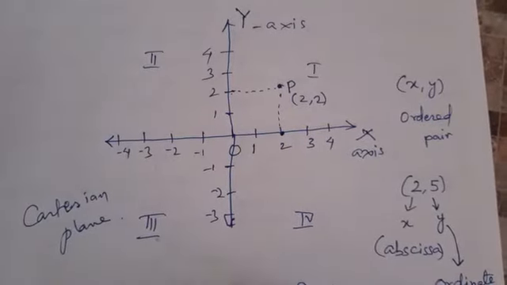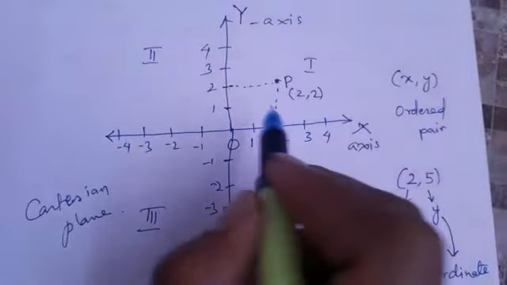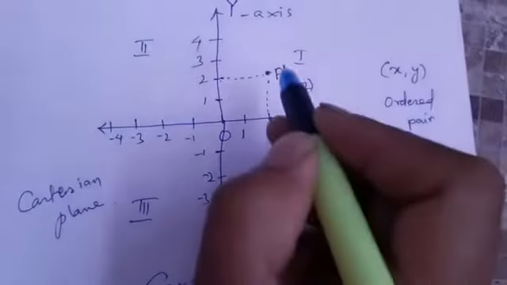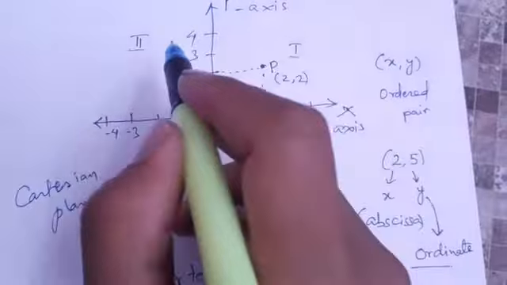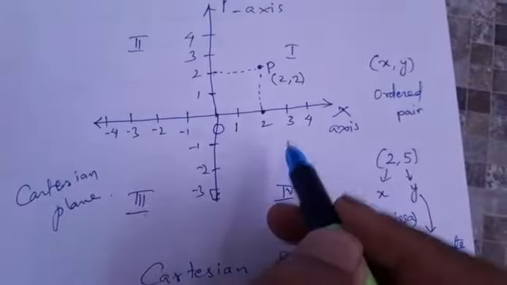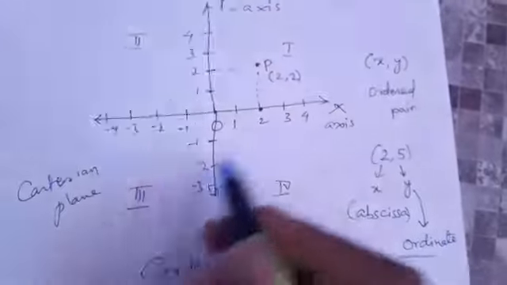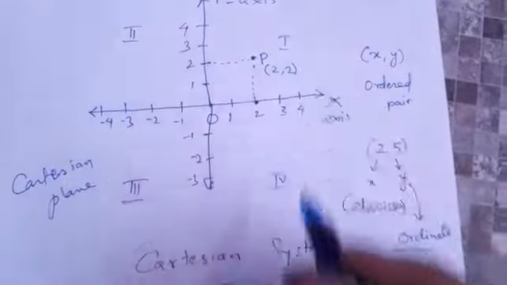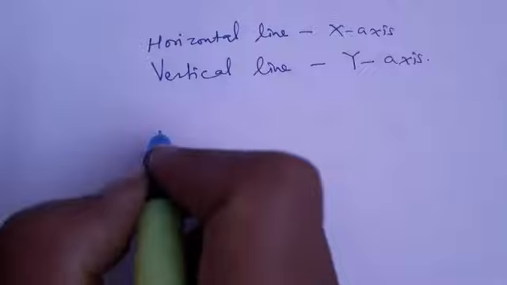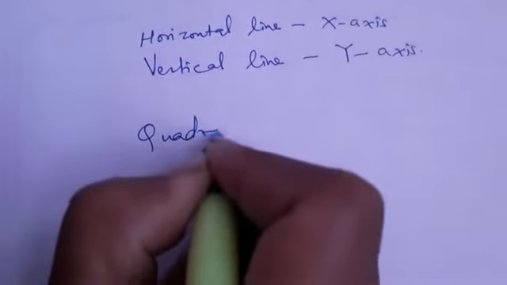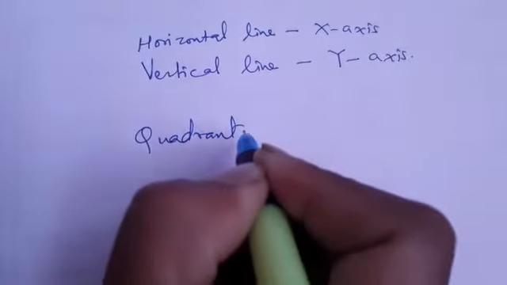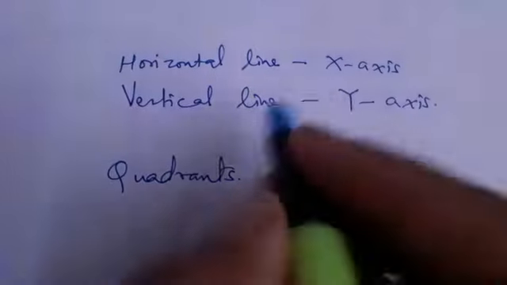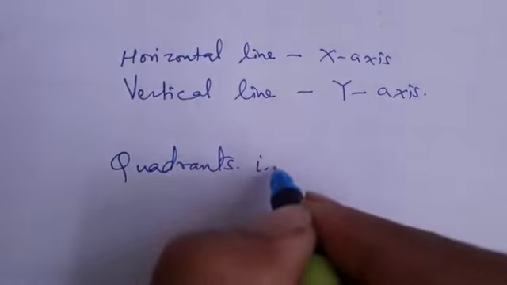And the second question is, what is the name of each part of the plane formed by these two lines? So I already discussed. These two lines divide the plane into four parts. Part 1, part 2, part 3 and part 4. So it is some special name. I already told you, quadrants.